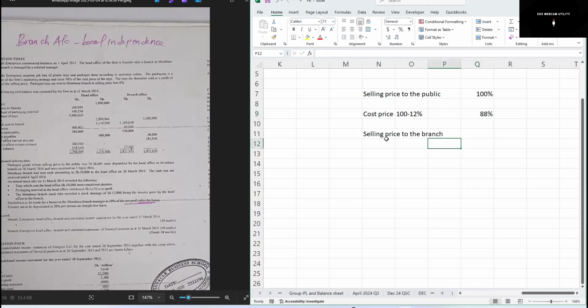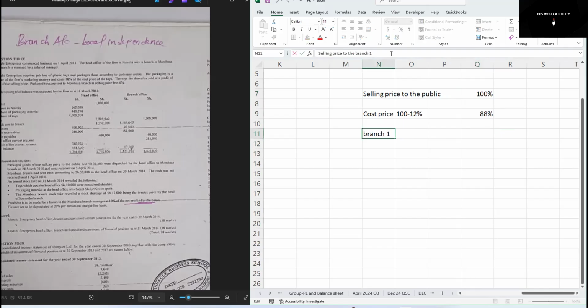Now, what about selling to the branch? We've been told that packaged toys are sent to the Mombasa branch at the selling price less 6%. The selling price to the public is 100%, but selling to the branch we are selling at 100% less 6%, maybe a discount here.